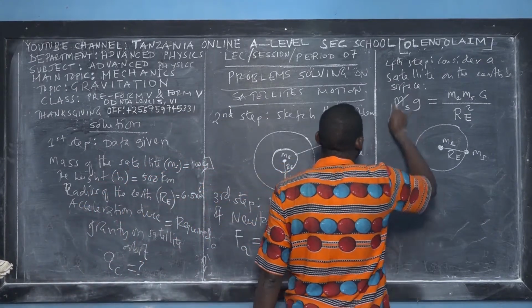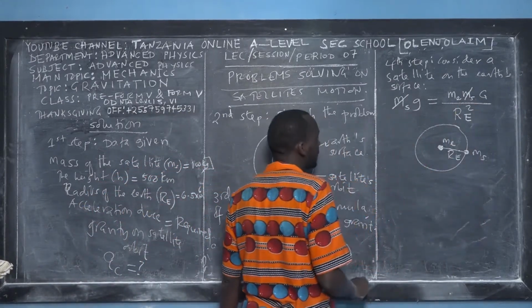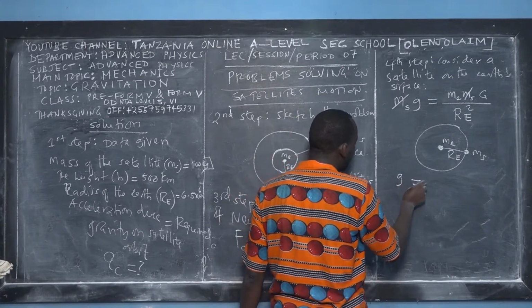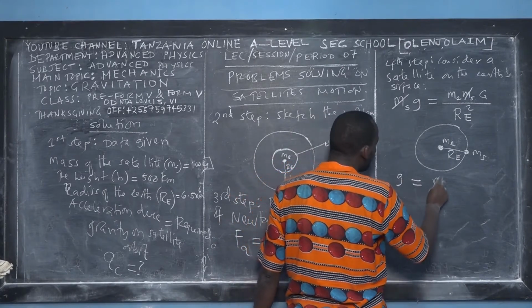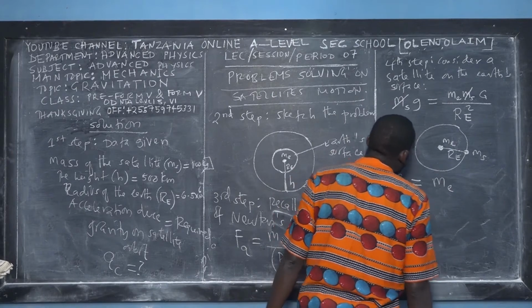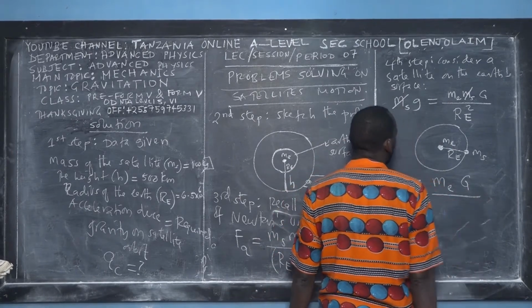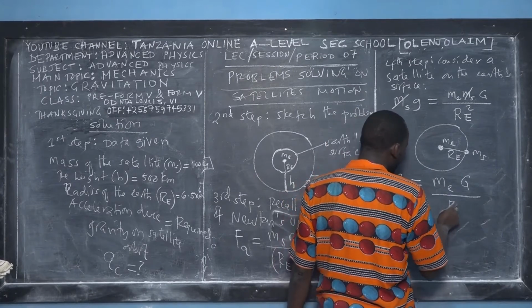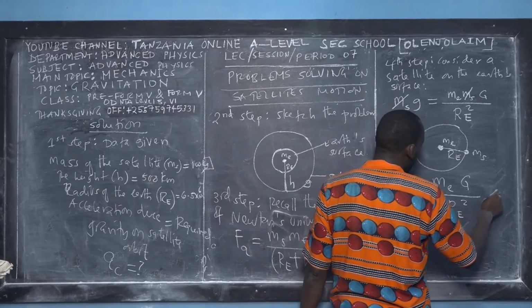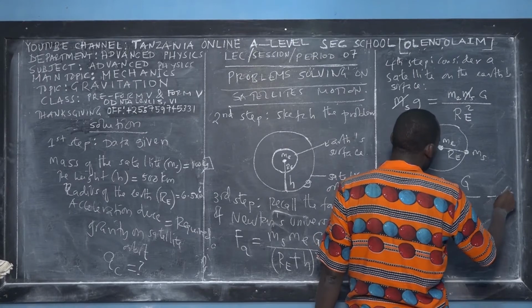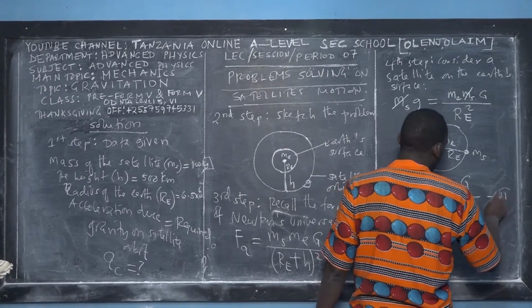If that is the case, the mass of the satellite cancels, so the acceleration due to gravity on the Earth's surface will be given by the mass of the Earth times the universal gravitational constant, over the radius of the Earth squared, and this will be our second equation.